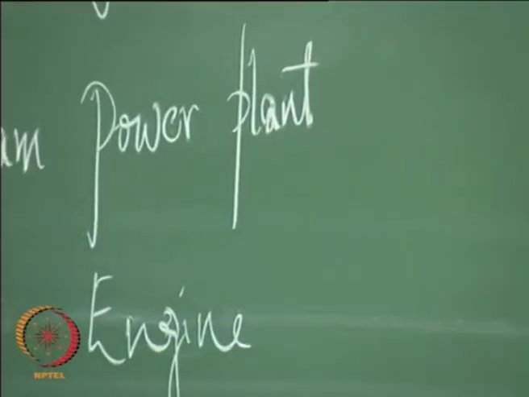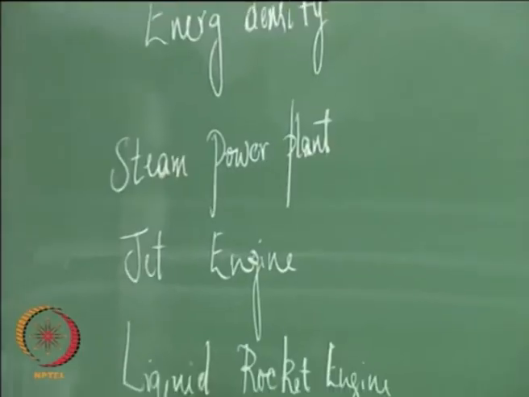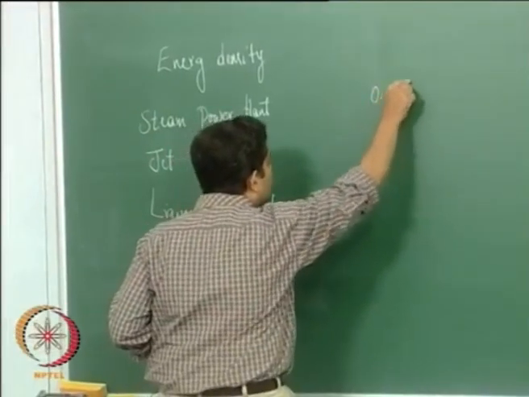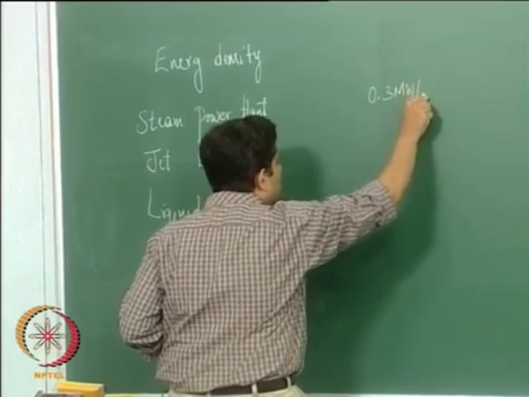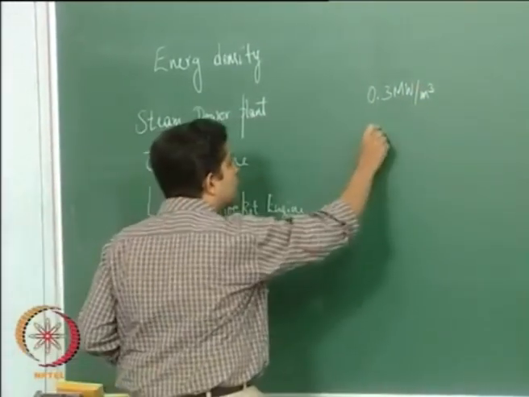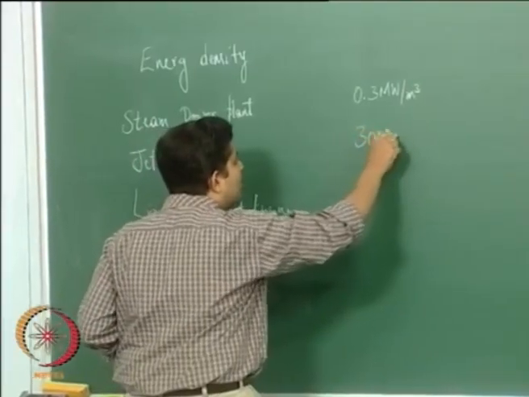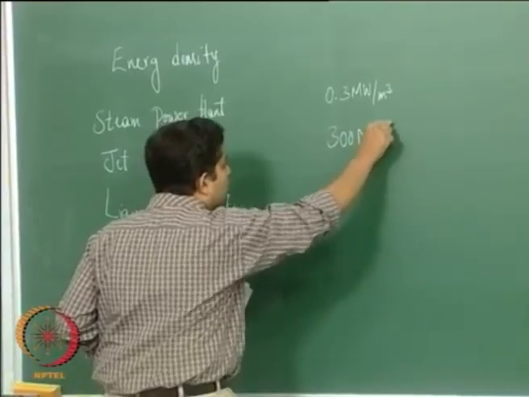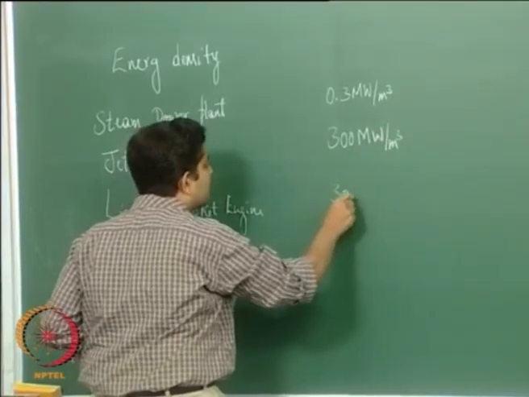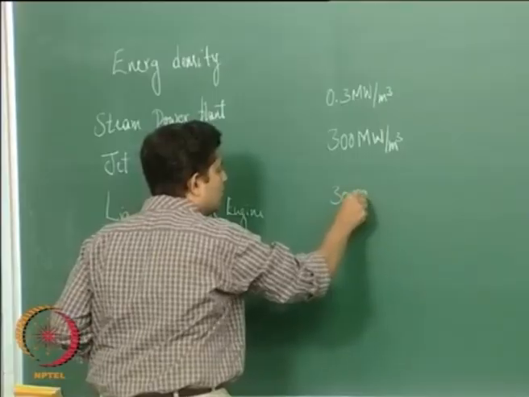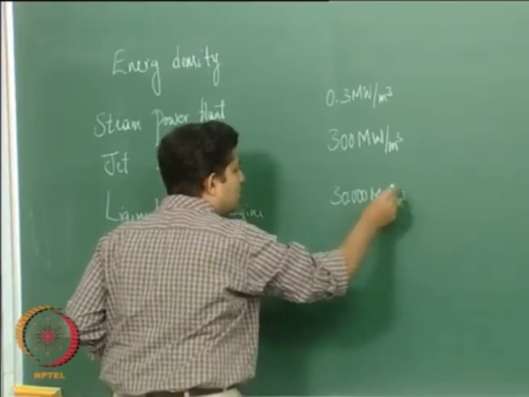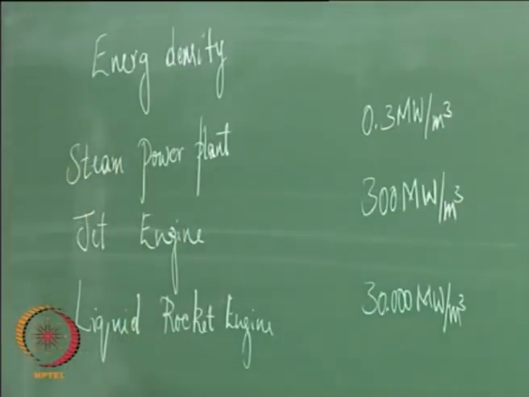a liquid rocket engine. You will find that this is somewhere around 0.3 megawatt per meter cube, and goes to something like 300 megawatt per meter cube, and this is something like 30,000 megawatt per meter cube.